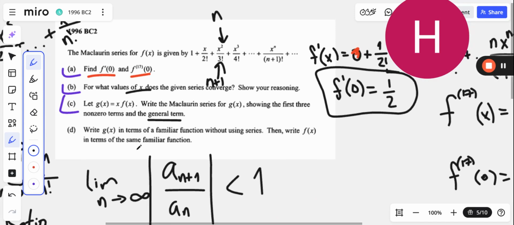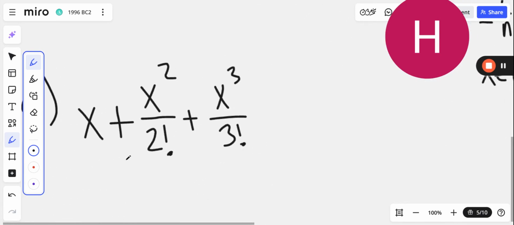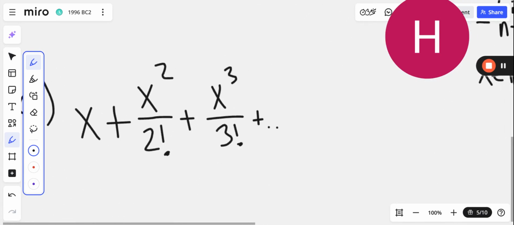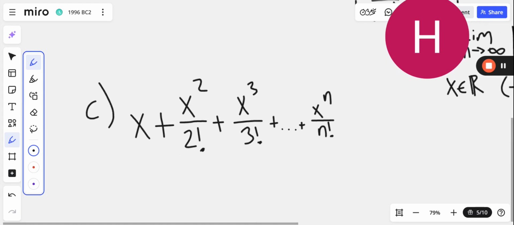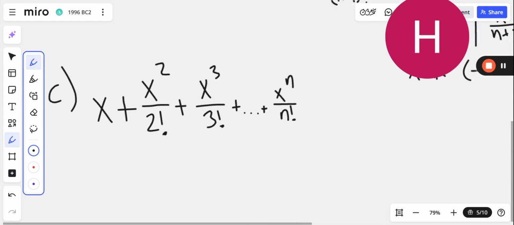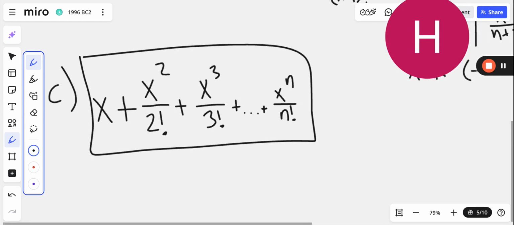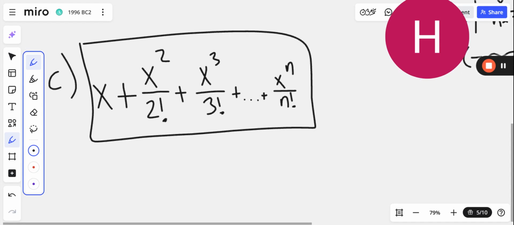So instead of having the number on the bottom being 1 more than the power on top, we just have them evenly matched. So the nth term is just going to have an evenly matched power on top and denominator factorial. So that's the Maclaurin series. Really not difficult.